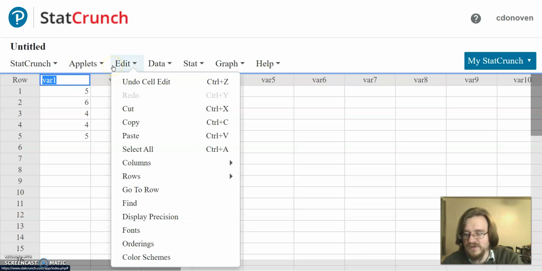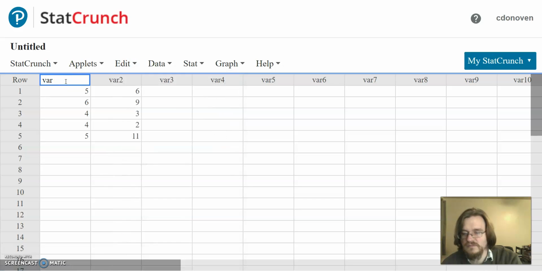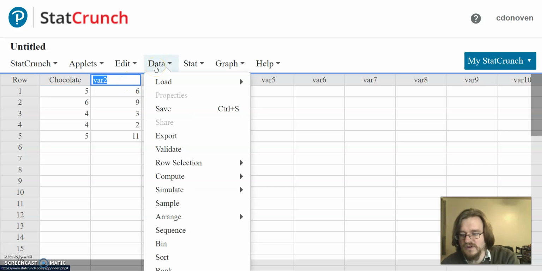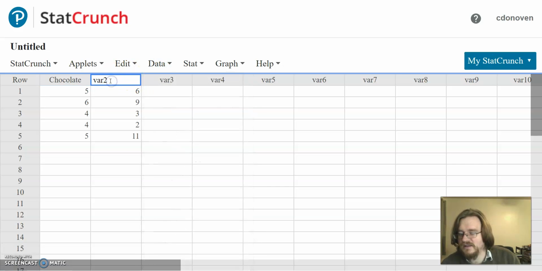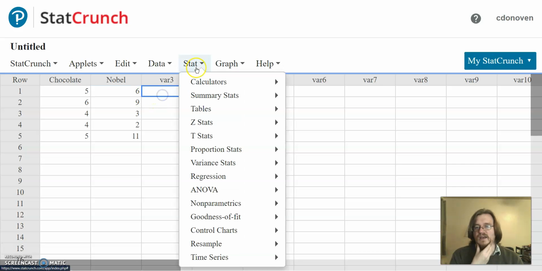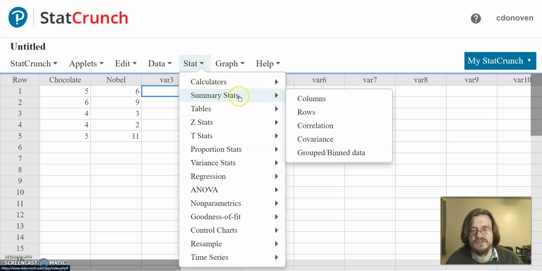This first column was the chocolate, and these were the number of Nobel laureates. So if we come to Stat, we can go down to Summary Stats.